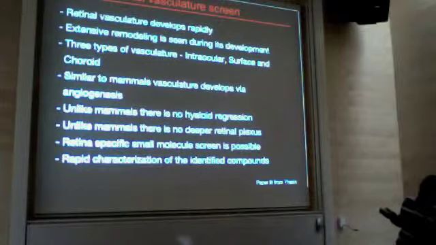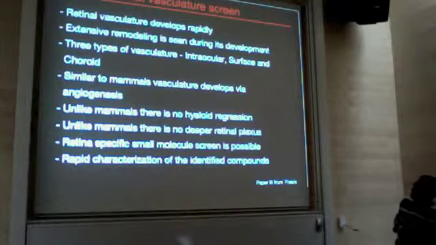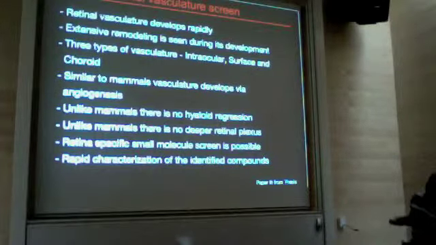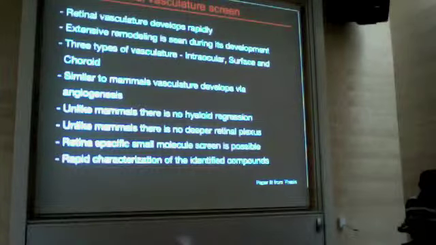As this vasculature also develops via angiogenesis, there was no hyaloid regression or deplexus in the fish, and we have also shown that this retinal vasculature can be used as a very good model for performing small molecule screens, and how easy it is, how rapidly one can characterize these identified compounds.